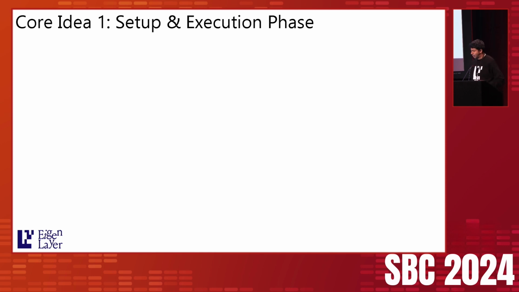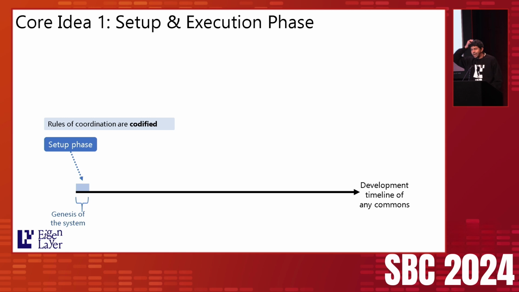So I'm going to illustrate a couple of key ideas and then put together the solution for you. The first idea is, when we're talking about forking, a lot of people have this idea of social consensus as ad hoc, post facto, capricious. We meet on Twitter and then say, oh, that guy is bad, I'm going to fork him. That's not a good system. It's a kangaroo court. You want to have a system where it's preset.